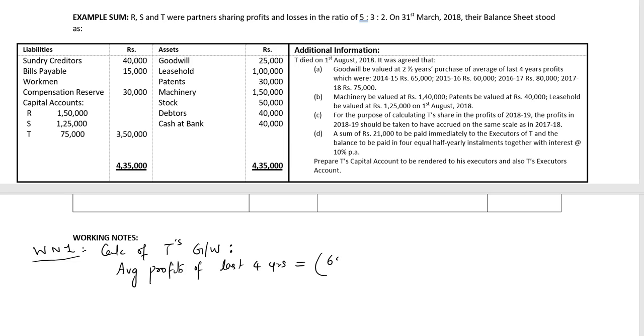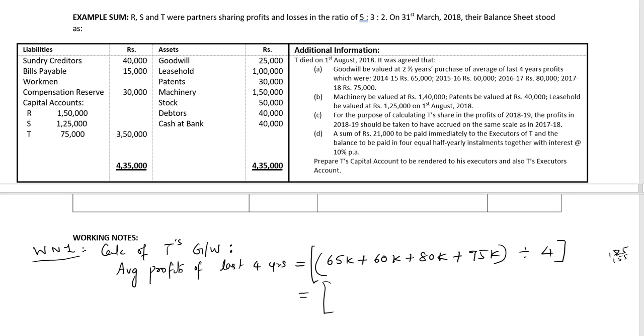You need to add 65,000 plus 60,000 plus 80,000 plus 75,000 and divide this by 4. The total profits is 2,80,000 rupees divided by 4, and we get the average profits as rupees 70,000.